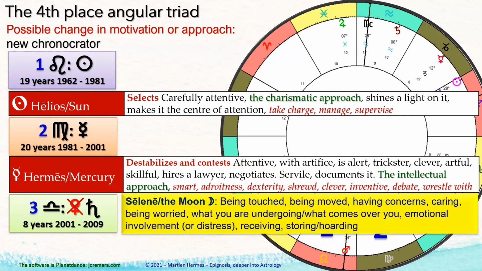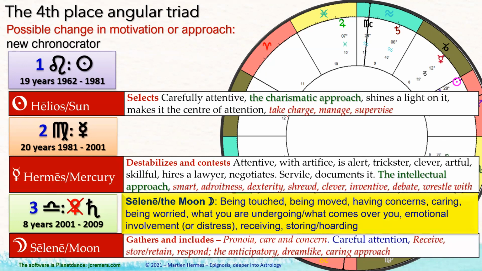Now, first you have the moon, and the moon is, of course, the planet that experiences things and is touched and is moved and has concerns and is caring, but also worrying, etc. And that's a very important thing in this period of your life, in the Libra period, and also establishing a home, simply because that's one of the most general significations of the moon, starting a family, etc. So that's important.